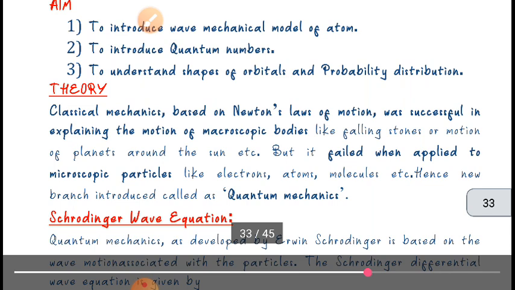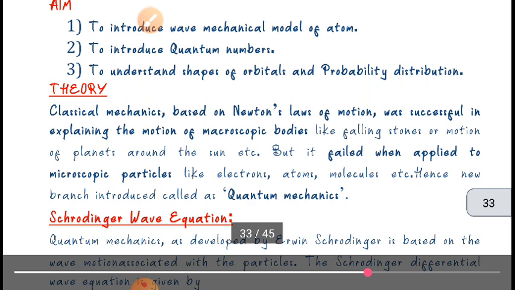The atomic model that takes into account the wave and particle nature of the electron is referred to as the wave mechanical model of atom.